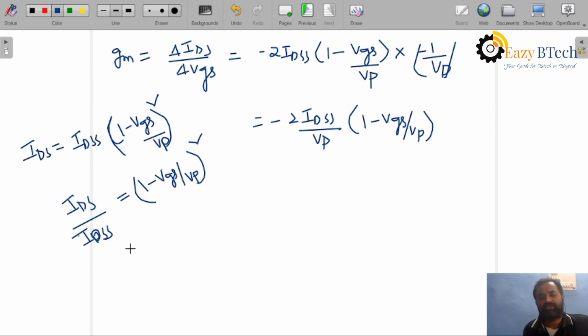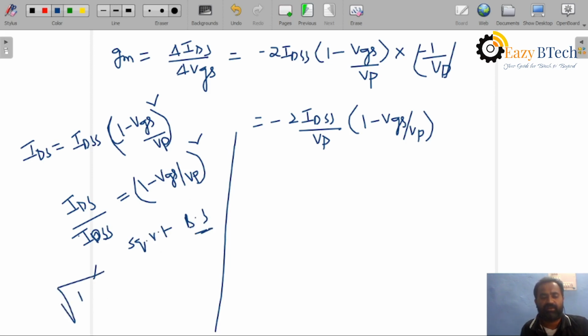If we take the square root on both sides, then we will write under root IDS by IDSS is equal to 1 minus VGS by VP.